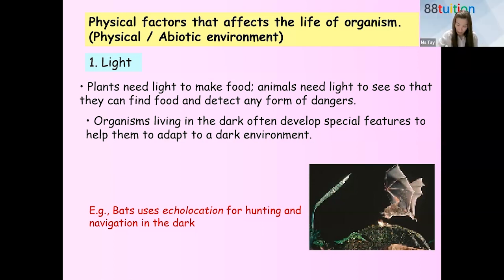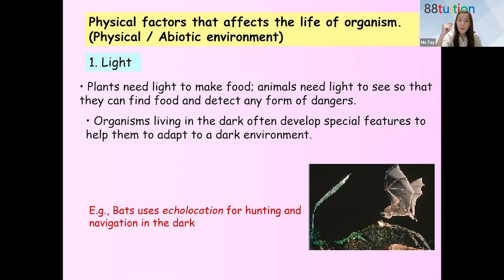Not exactly, but they are able to make use of something like an echo. The sound comes back to the bat, so because of that echo, the bat can actually tell the location. Zenith said something already. For example, this particular bat wants to catch a prey.